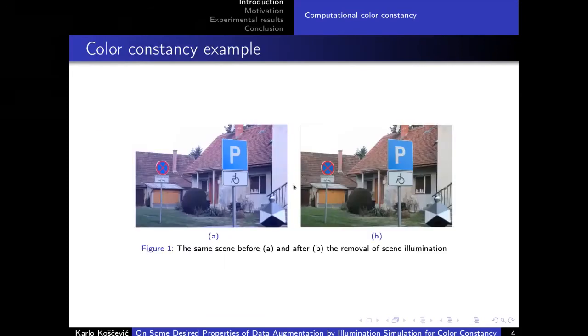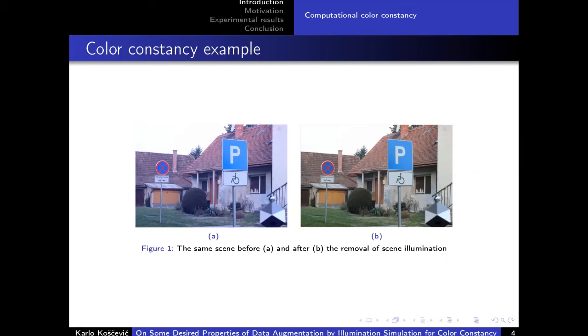Here you can see a simple example of what we want to achieve. When we are capturing an image, the scene may be influenced by some illumination, which here in figure A is shown as a scene affected by blue illumination, and that's something that our camera captures. So the camera captures an image which is affected by the illumination color.